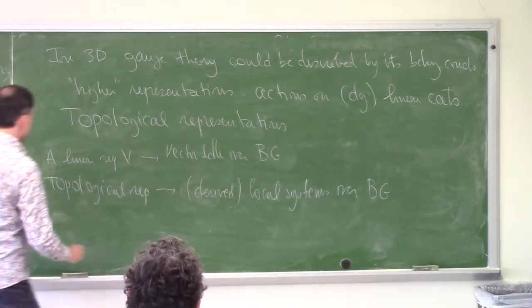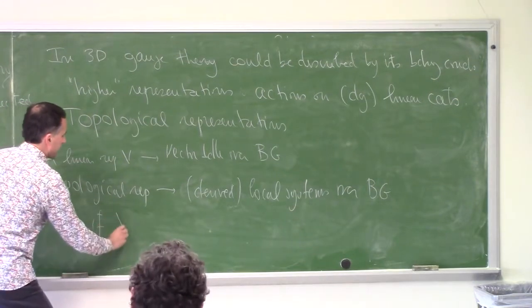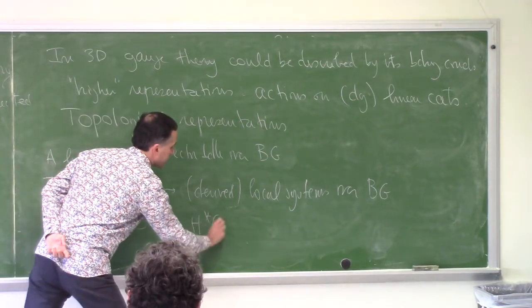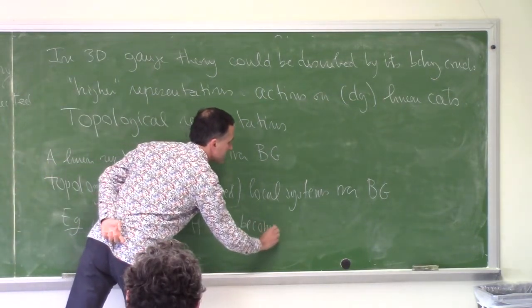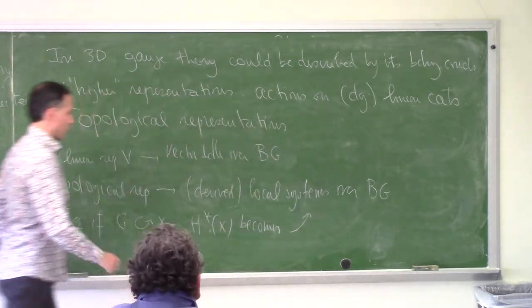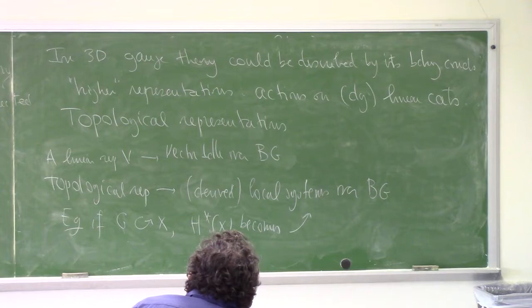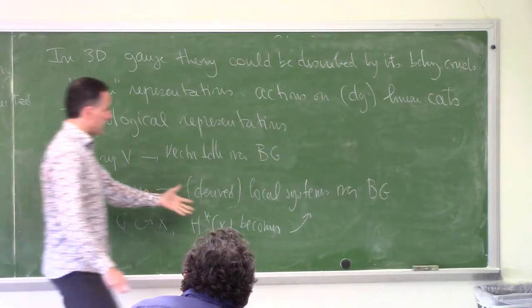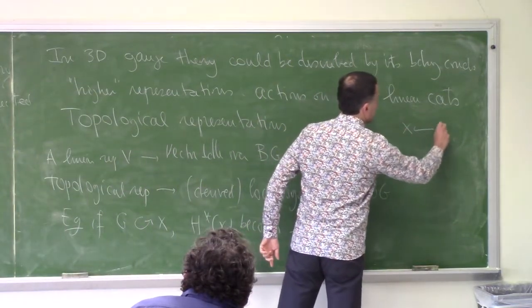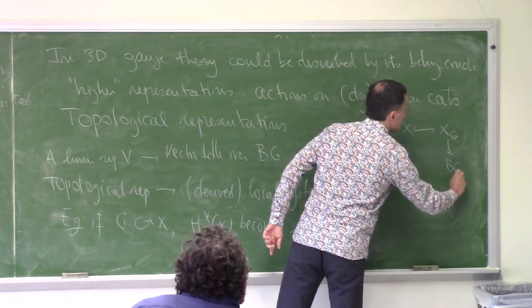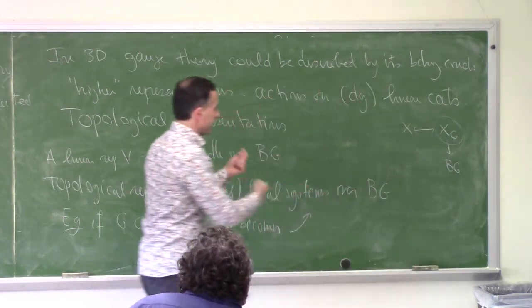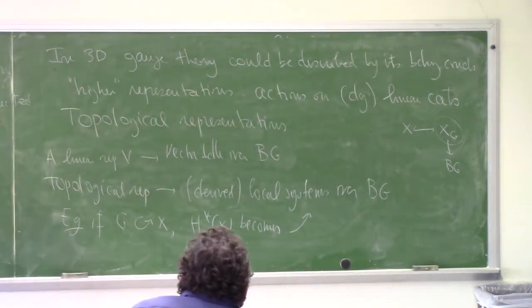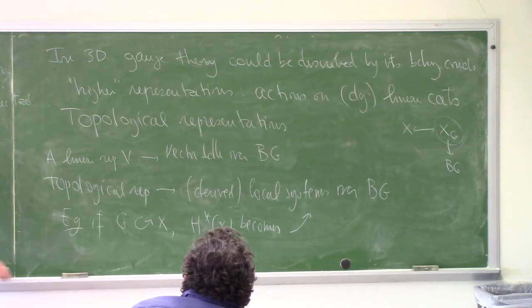And the simplest example: G acts on a space X, then the homology of X. G being connected, it acts trivially on the homology of X. So first you think you get nothing, but in fact if you form the bundle, the Borel construction over BG, the homology of that actually depends in a subtle way on the way G acts on X. The spectral sequence differentials tell you that you are not really acting trivially on the homology.